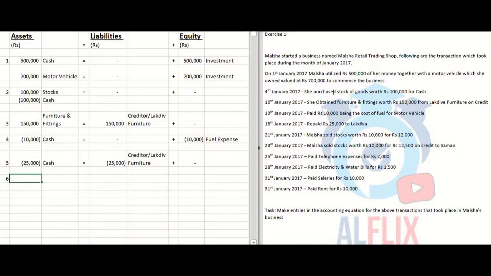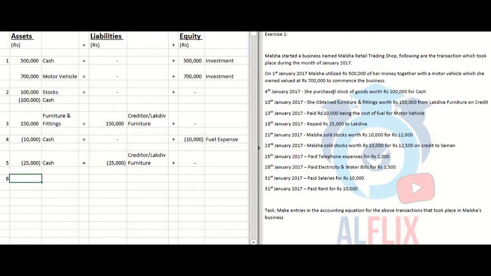If we look at transaction number 2, where the business purchased rupees 100,000 worth of stocks, now the business is making a sale for rupees 12,000, and the actual worth of the stock is rupees 10,000. So an outflow of stocks is taking place. So this will reduce the value of stocks.